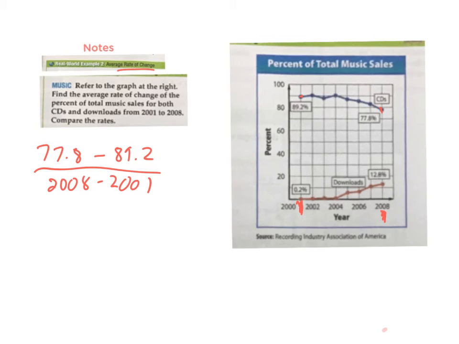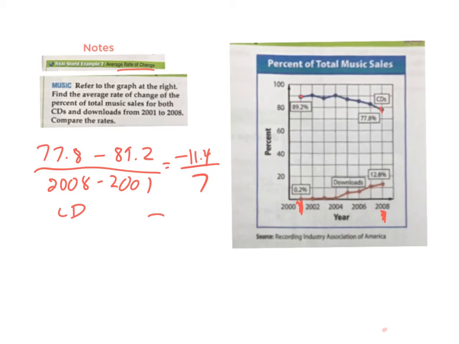And so if I do the math, that would be my CD change. So CD, so let's just do that math. 77.8 minus 89.2 is a negative 11.4 over 7. So now I can divide those, and I get a drop of 1.62%.